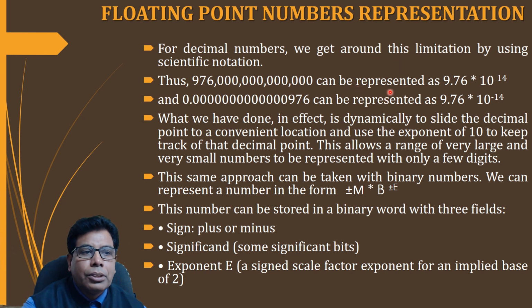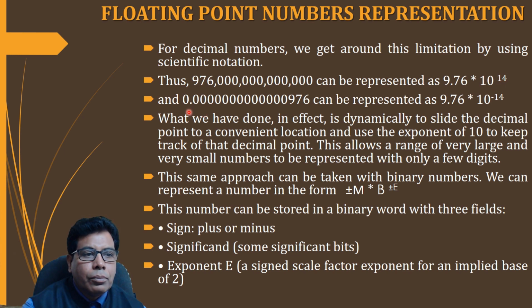For example, if you take the number 976 followed by many zeros, this can be represented as 9.76 times 10 raised to 14. Here we place the decimal point after 9, and then 7 and 6 are the two remaining significant digits, multiplied by 10 raised to the exponent 14.